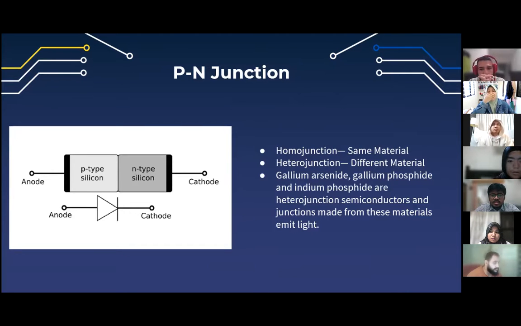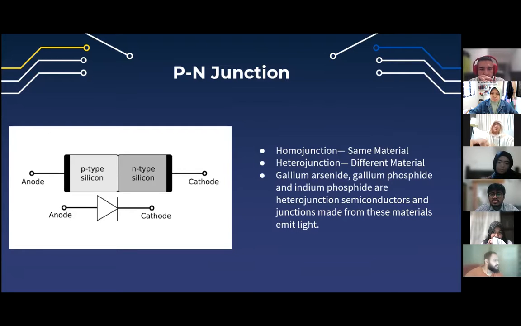In a PN junction diode, diffusion of particles leads to the formation of a depletion layer and a potential barrier that prevents further flow of particles. The semiconductor materials used for the junction must be a compound semiconductor, such as gallium arsenide, gallium phosphide or indium phosphide.